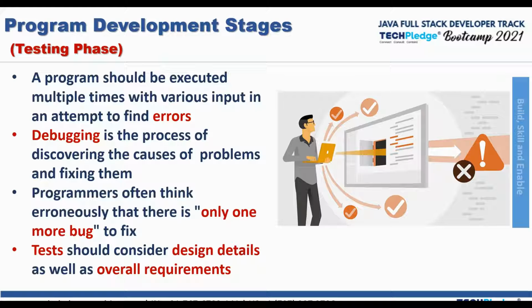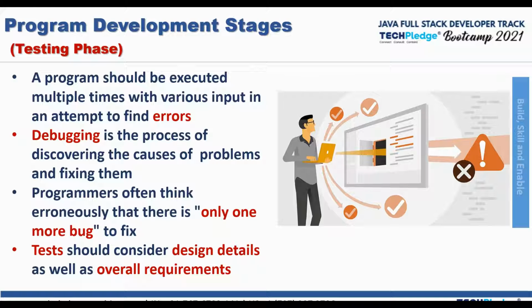Sometimes a program may have multiple errors, so we have to see how we can fix them and which is the best way to fix them. Once a program has no errors and is running smoothly, we say the testing phase is over, and we hand our program to the client. That is the deployment stage, where we are giving away the end product to the client.